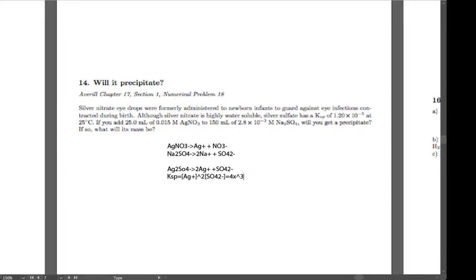And so, let's see here. 1.2 times 10 to the power of negative 5 there. Divide the thing by 4. You take the cube root. So what I get is x would equal 0.144.